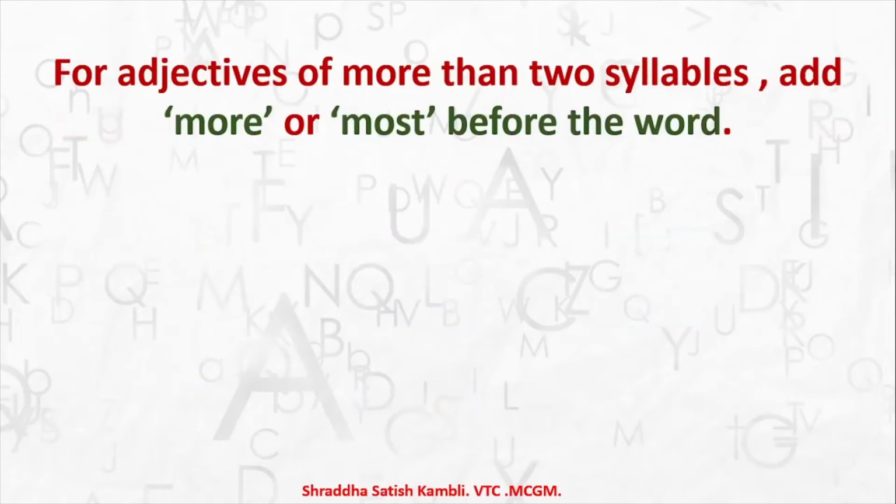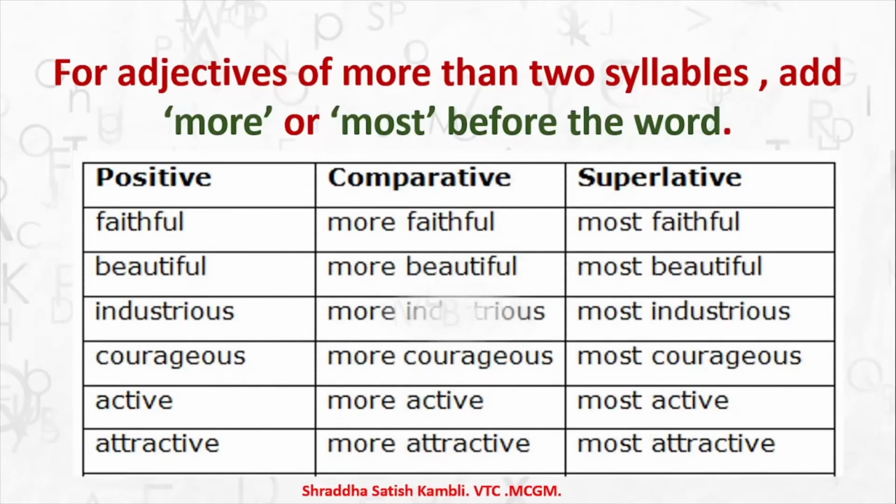Coming to one more rule, for adjectives of more than 2 syllables. Now we have already talked about syllables. Syllable means the vowel sounds that you can hear in a word. So when there are adjectives with more than 2 syllables, you add more or most before the word. So let's take a look. Here we have it. See, you have faithful, more faithful, most faithful.